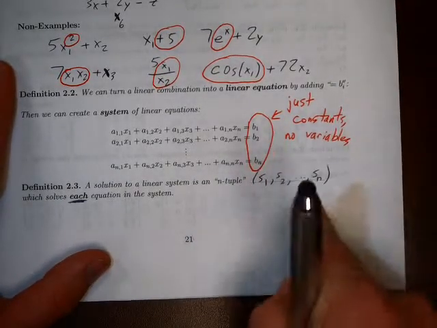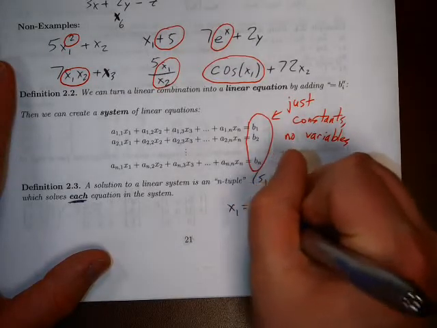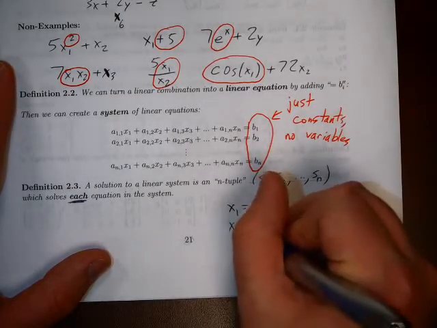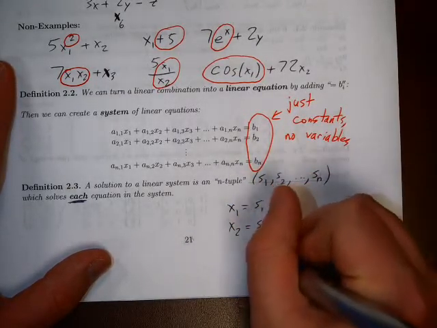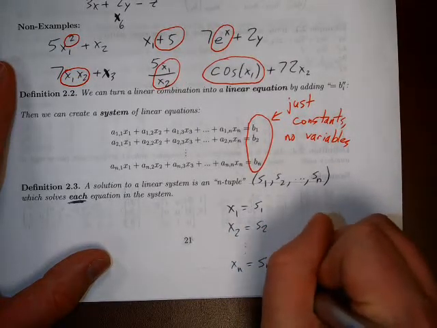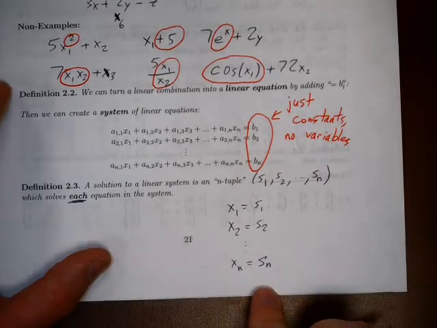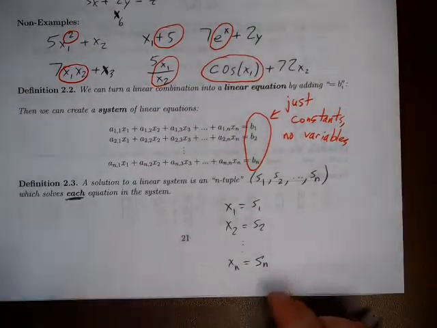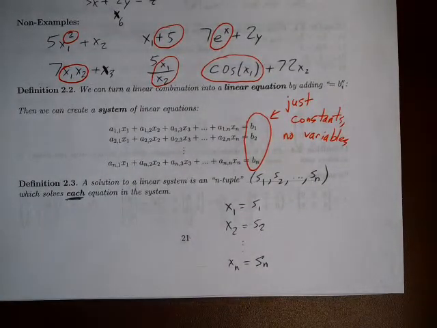In this case, this would say that x1 should equal s1, x2 should equal s2, and so on and so forth, all the way until we get xn equals sn. These sn's are going to be what those answers are. There'll be some sort of constant in most cases, but not always. We'll see some weird things that happen a little later on down the line.